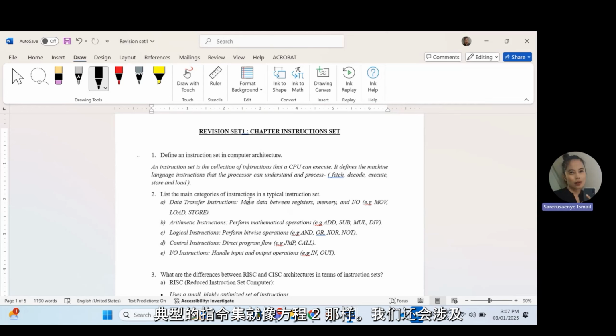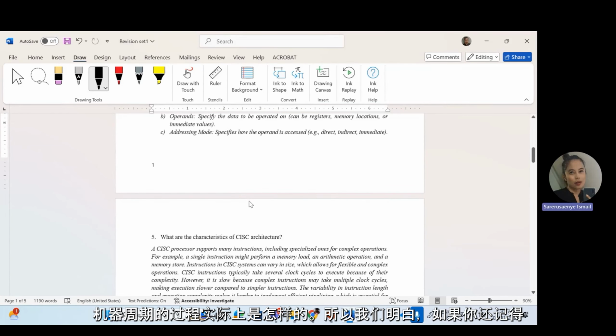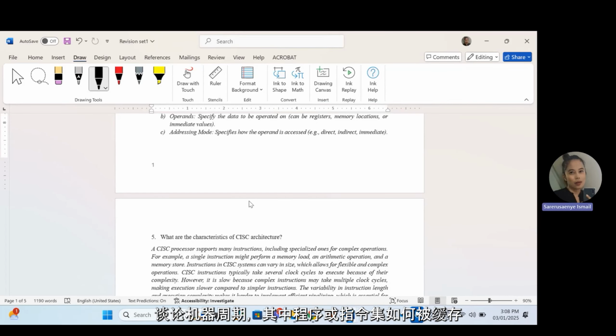And we also touched on how the process of a machine cycle works. If you still remember during my lecture, I mentioned a YouTube video about the machine cycle, where the program or instruction set is fetched in the code, then after that it will be executed, to be stored or to be released.